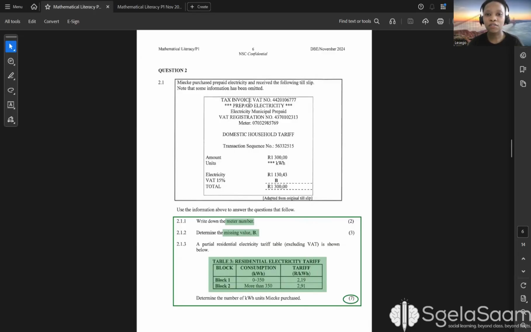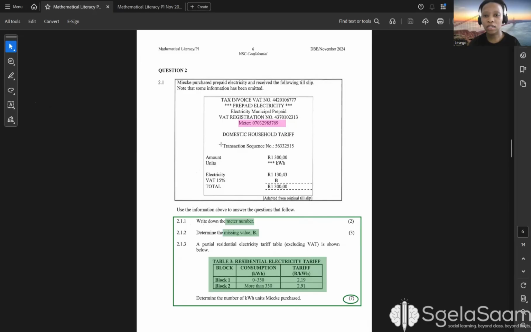We have the tax invoice number, the electricity municipal prepaid, the VAT registration number, and the meter number. Bingo. The meter number is 070329856769. So we have our answer to question 2.1.1.